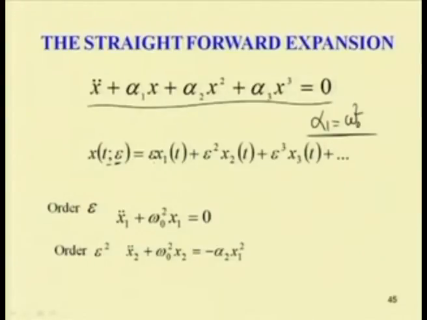Substituting in the equation, x double dot equals epsilon x 1 double dot plus epsilon square x 2 double dot plus epsilon cube x 3 double dot, plus alpha 1 into x, plus alpha 2 into the square of these 3 terms.